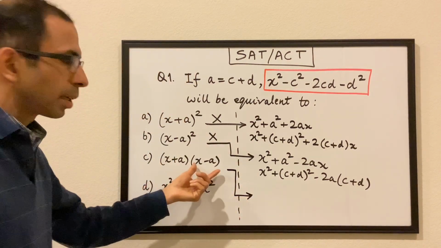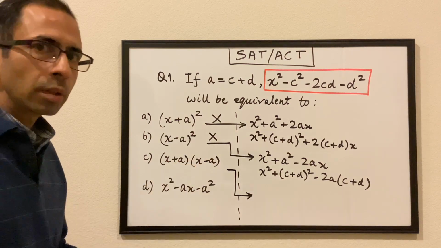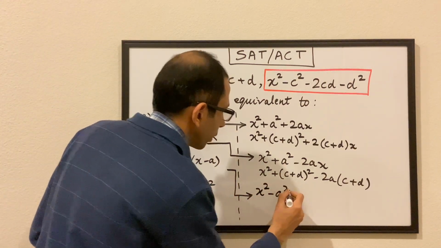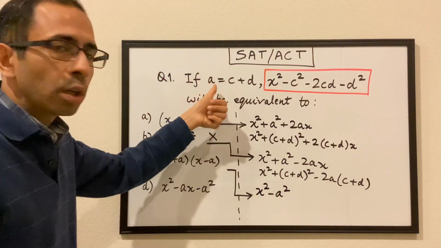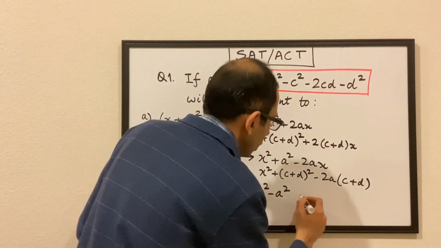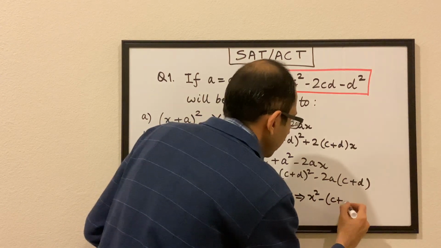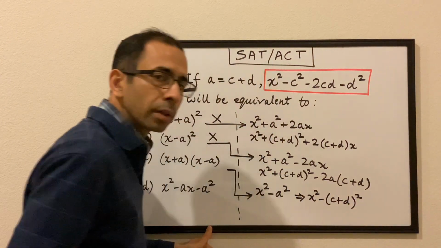x plus a times x minus a, right? It's the difference of the squares. So this is nothing but x square minus a square, correct? What is the value of a? c plus d. So we get x square minus c plus d whole square, correct?